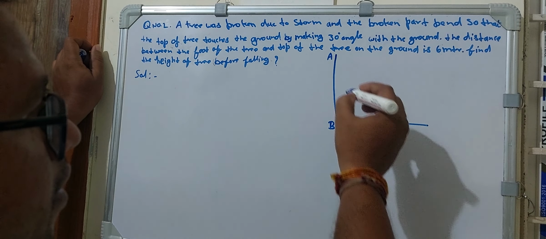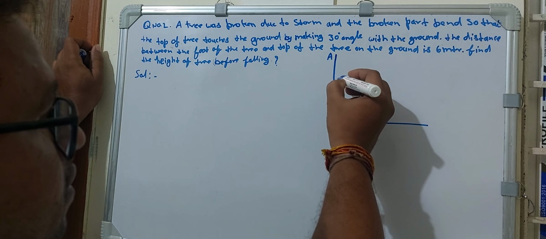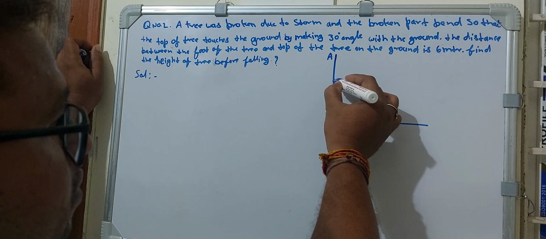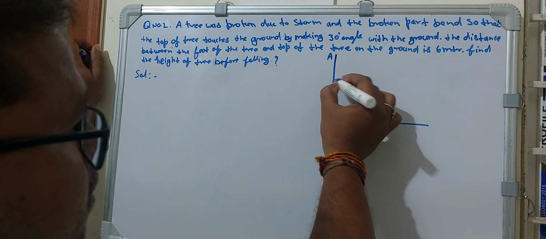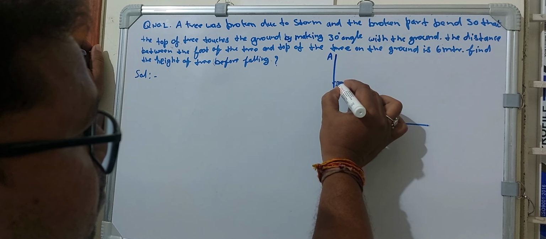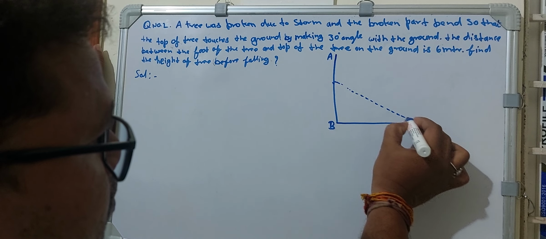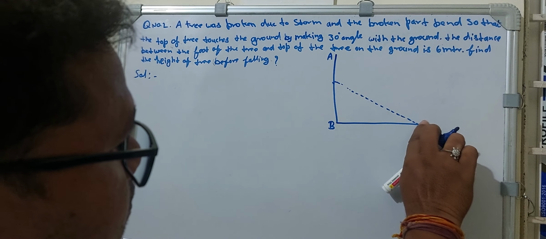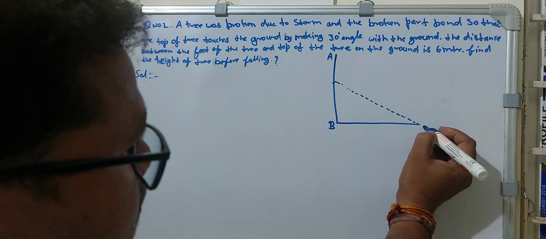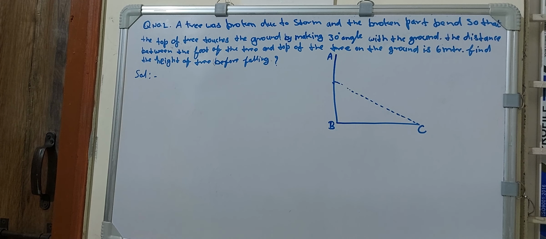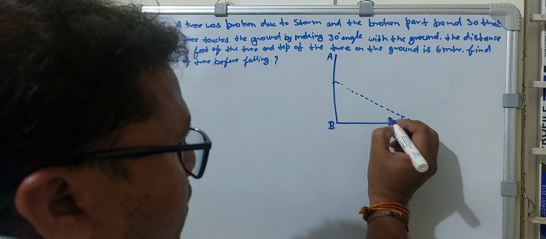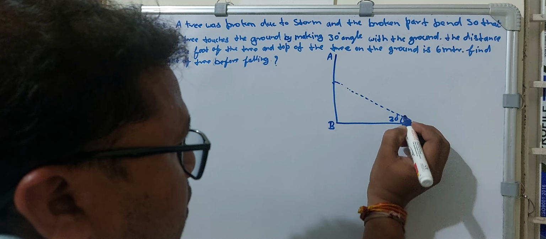When it was fallen and broken from, let's say here, somewhere, so touches the ground C. And what they are saying, where it is touching to the ground, there it is making 30-degree angle.